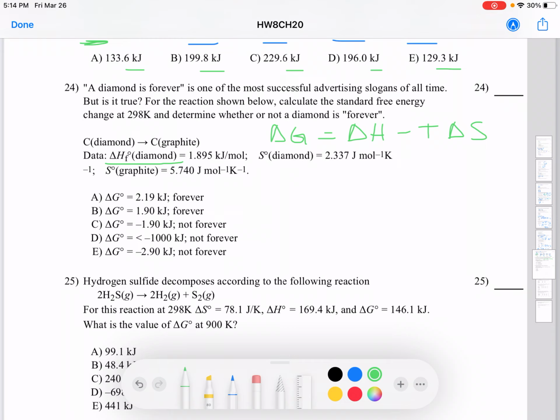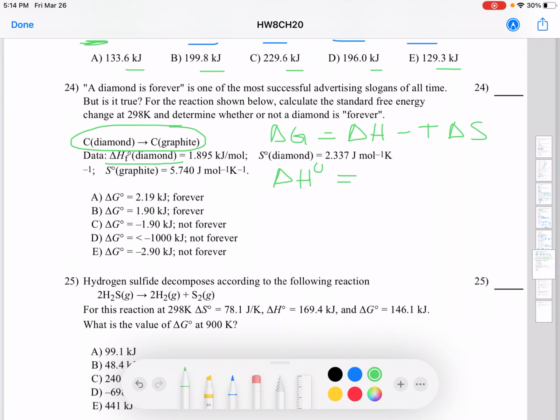It's not given here, but just know that delta H naught formation for the carbon is 0. So we're going to find out the delta H naught for that reaction.